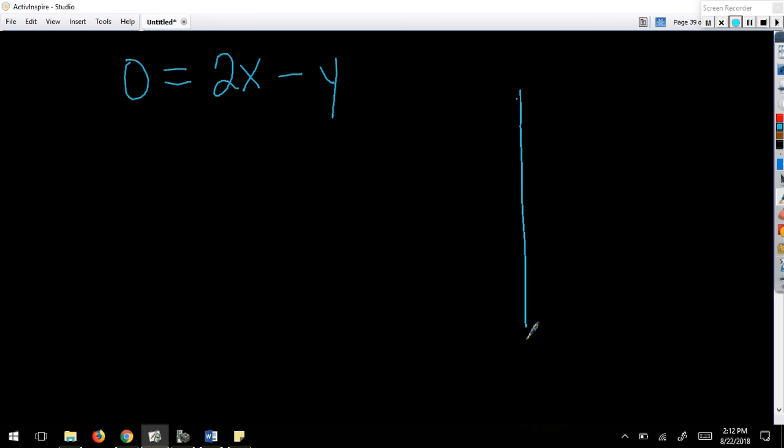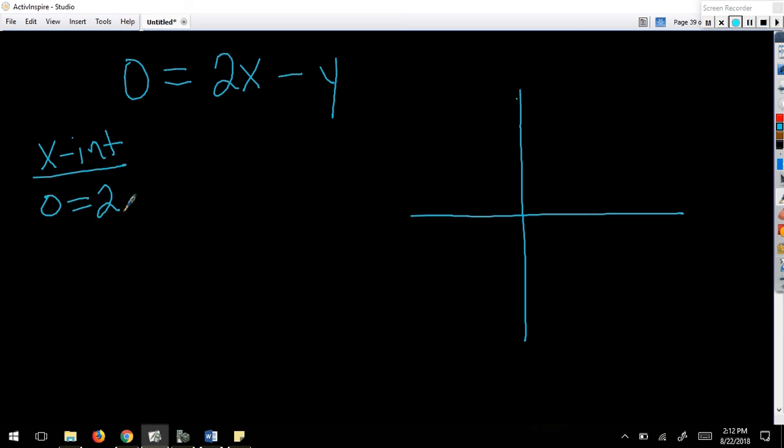But when you find the intercept, so if I find the x-intercept, what is it? Somebody said it. 0. Well, in this case, the x-intercept and the y-intercept is the same. They're both 0. So I'm going to have to fix this equation a little bit so I can find out the slope.